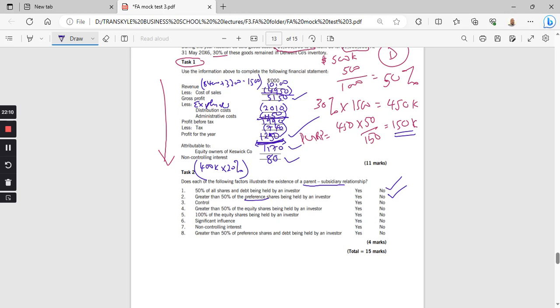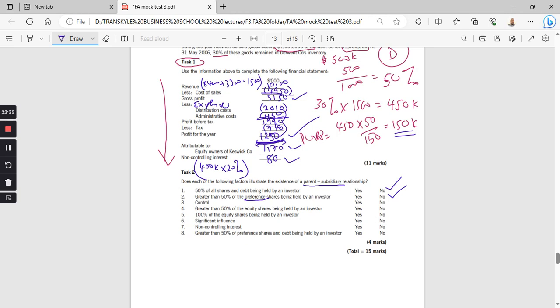By the end of the day, if you own 100% of the preference shares, let's say they are irredeemable, but the equity shareholders are on the other side, then you are not the parent. You're not going to be the parent of that company, because the owners of the company are equity shareholders.